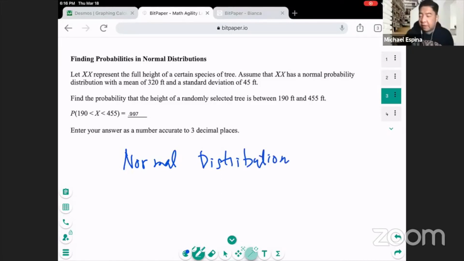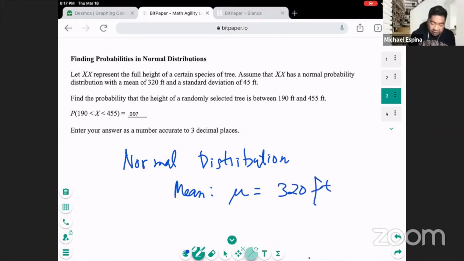Then there's a mean of 320 feet. The symbol for mean is mu, and that is 320 feet. And then the standard deviation, or SD, is 45 feet. So that is sigma, 45 feet.